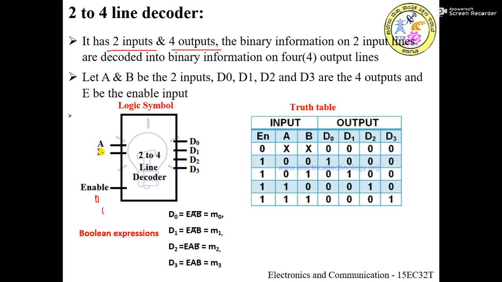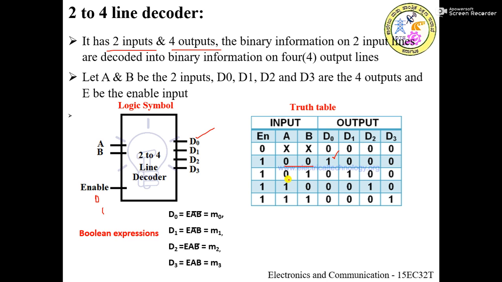If A and B are both 0 0, then only D0 is activated and made 1, while D1, D2, D3 will remain 0. You can see here, if A and B are both 0 0, only D0 is activated, so this is 1 and all the rest of the outputs will be 0.